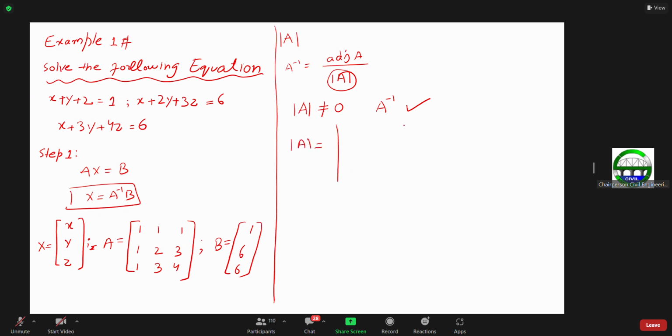It equals the matrix 1 1 1, 1 2 3, 1 3 4.